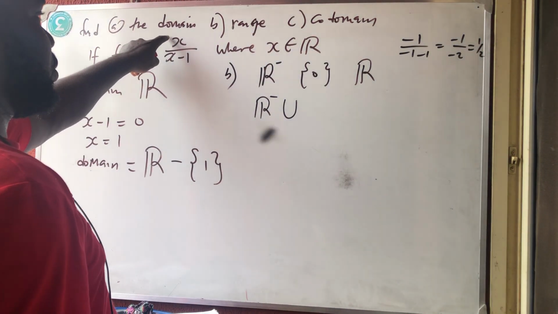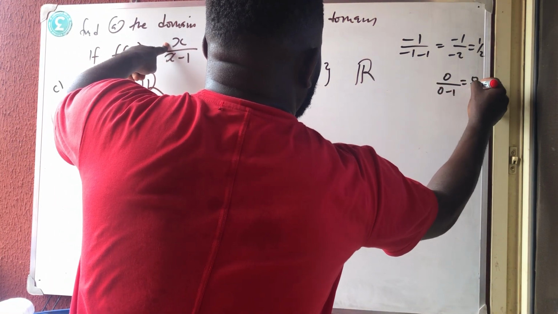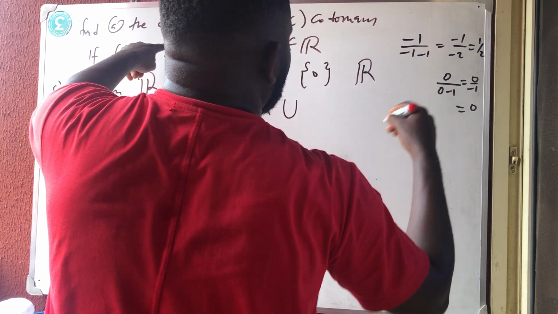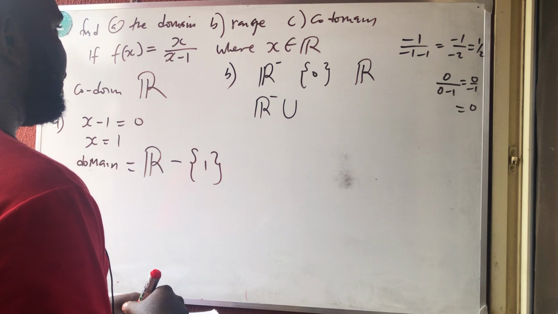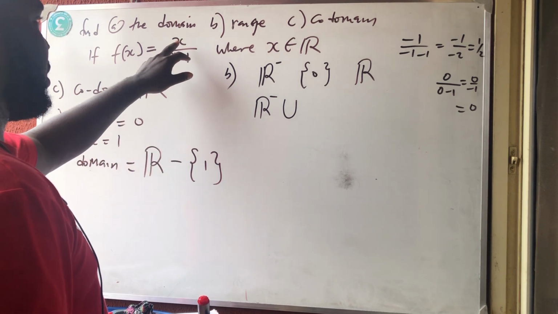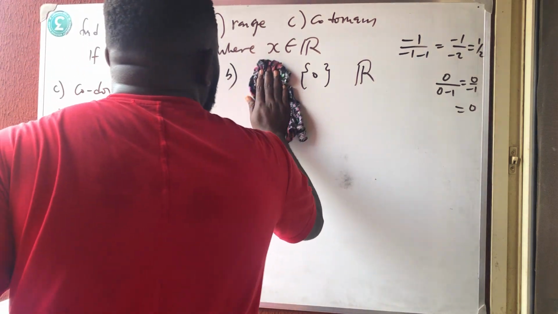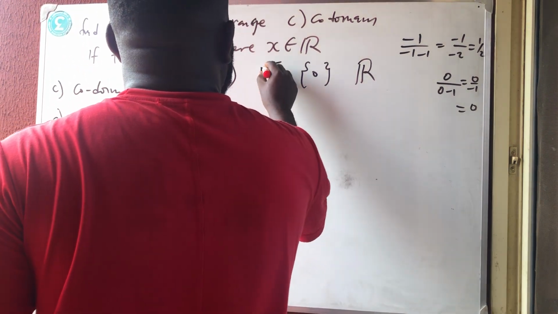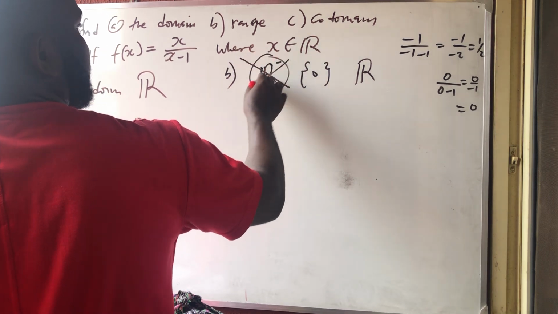Okay? Let me put 0. If I put 0, 0 all over 0 minus 1, which is what? 0 over minus 1, which is 0. Is there any way we can get negative? There is no way we can get negative. Even if I use 1 it will not work at all, because it's giving me negative infinity. So these are the things we are checking. So this is out of it.